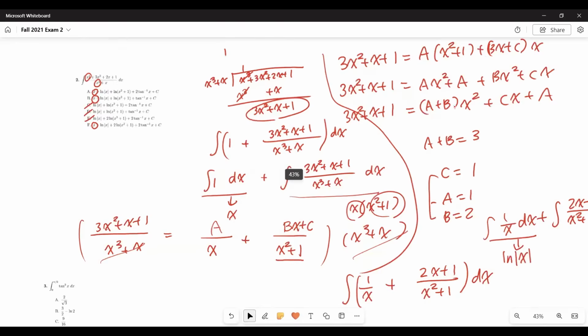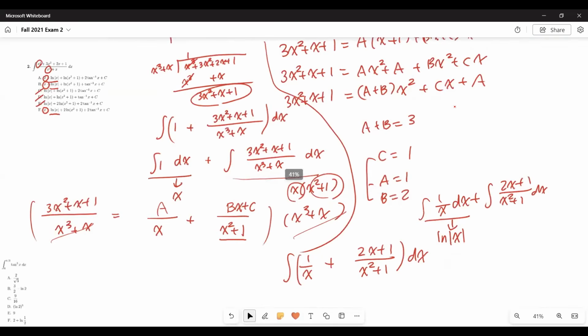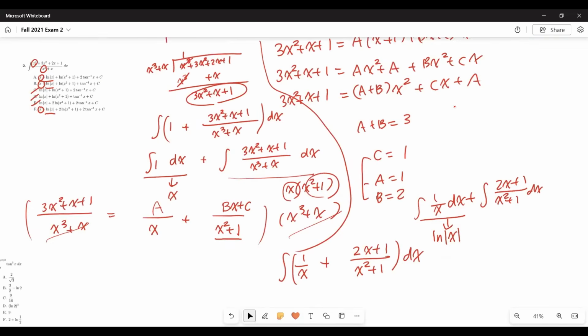So if you look at the options, they both have it. Okay. And then we have to do (2x plus 1) over (x squared plus 1).